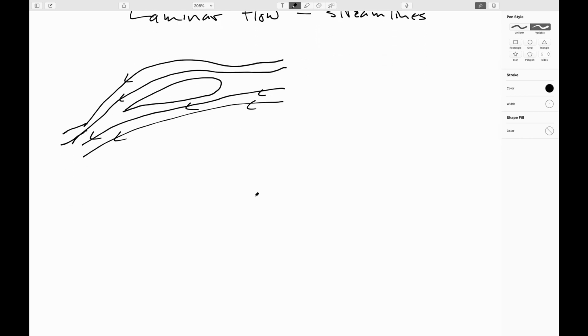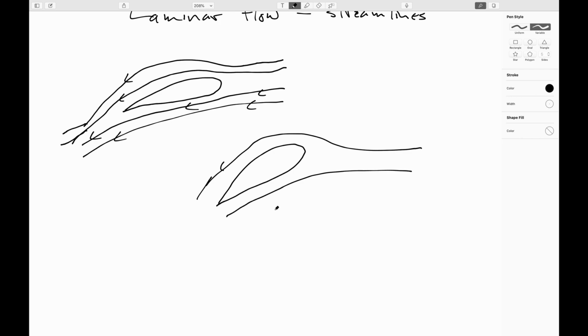Now, to take our airplane wing analogy a little further, we can get to a regime where the flow around an airplane wing is non-laminar, and this is usually considered a really bad thing. So if you're at a particularly high angle of attack like this, so say the air is flowing in like this, what will happen is when you get to the back side of the wing, it turns out that you don't get a smooth reconnection.